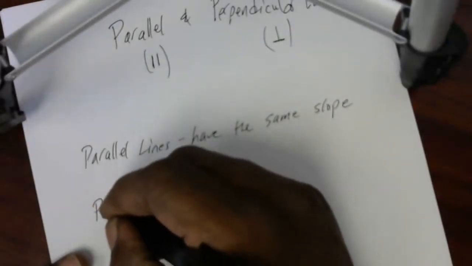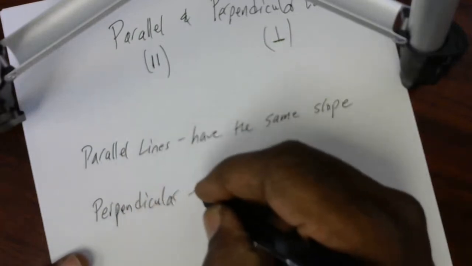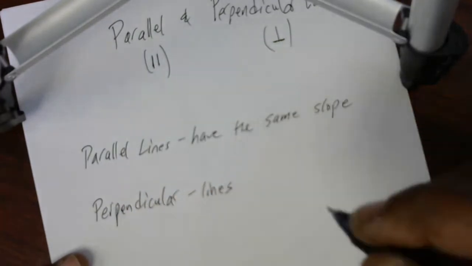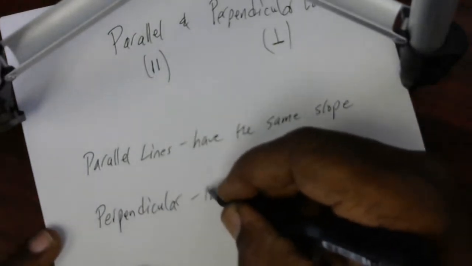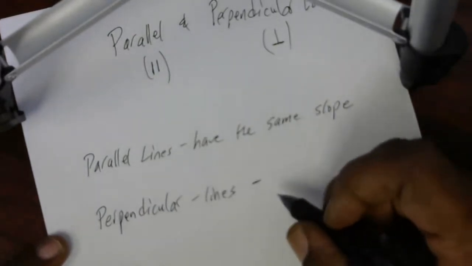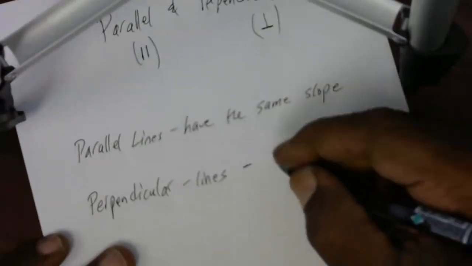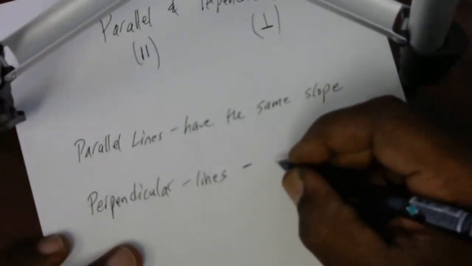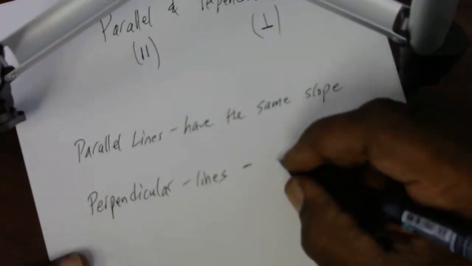Perpendicular lines. I want to see how I can actually write this.